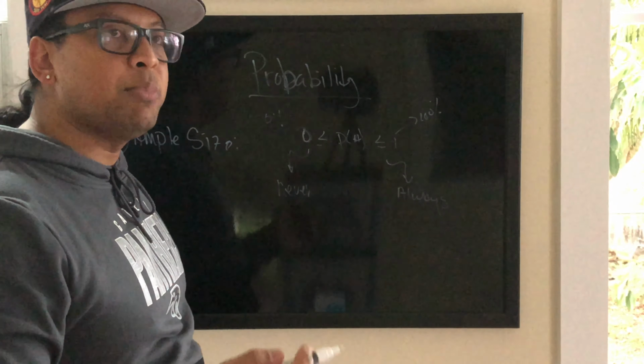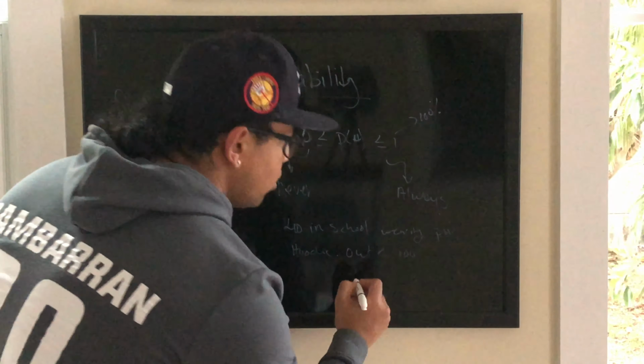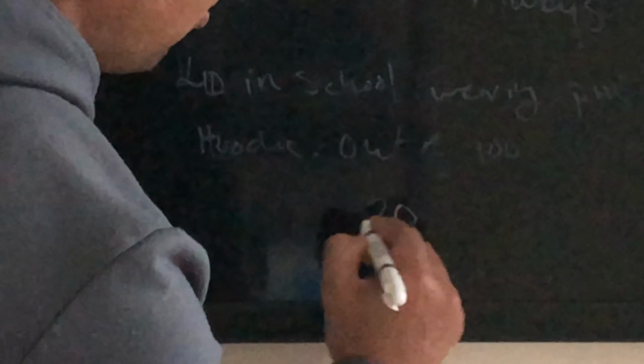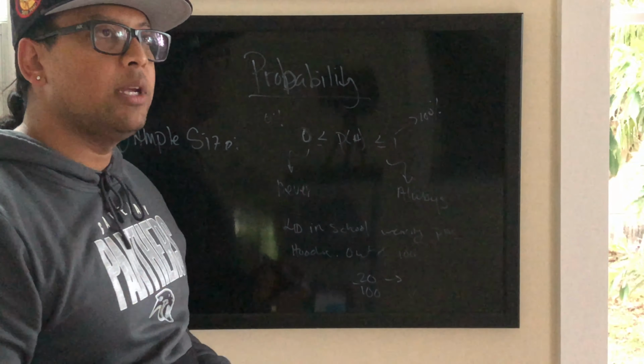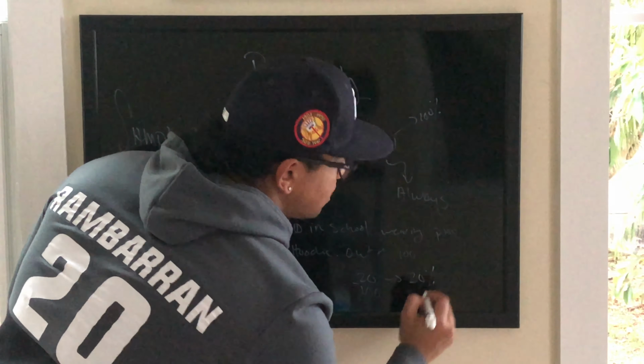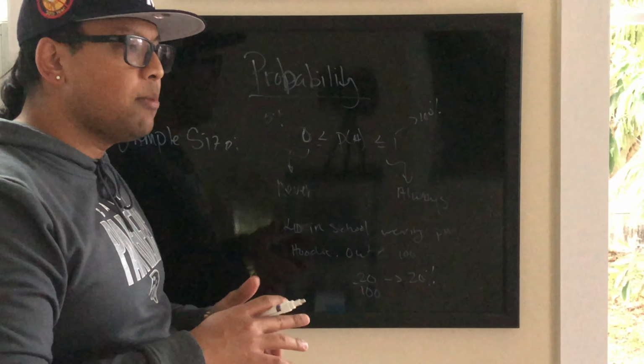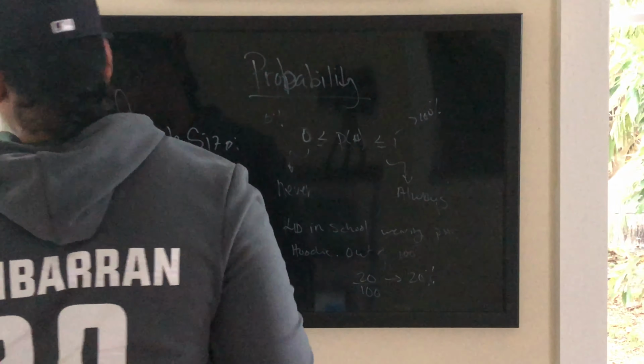So your sample size is 100, and 20 over 100 is 20%. That's just a very small, broad example.